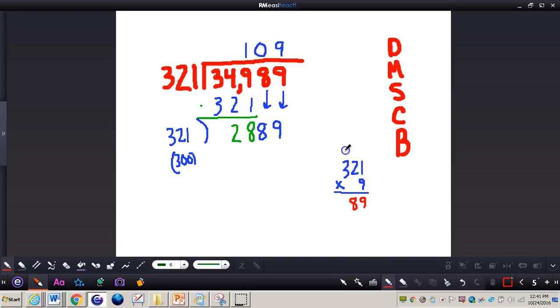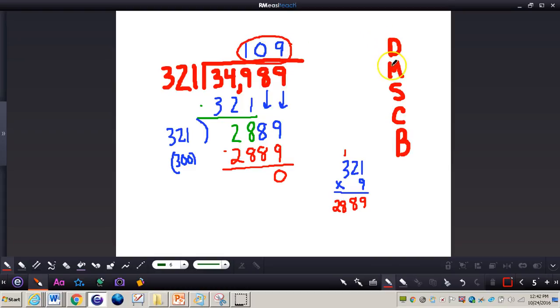Put my 8 there. Carry the 1. So I have 2,889. I've multiplied now. My next step is subtracting. 0. I can check. That's obviously less than 321. I don't have any other numbers to bring down, so my answer is 109.